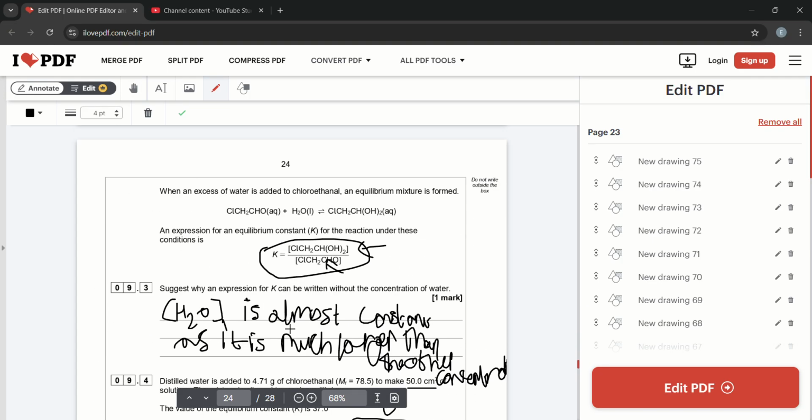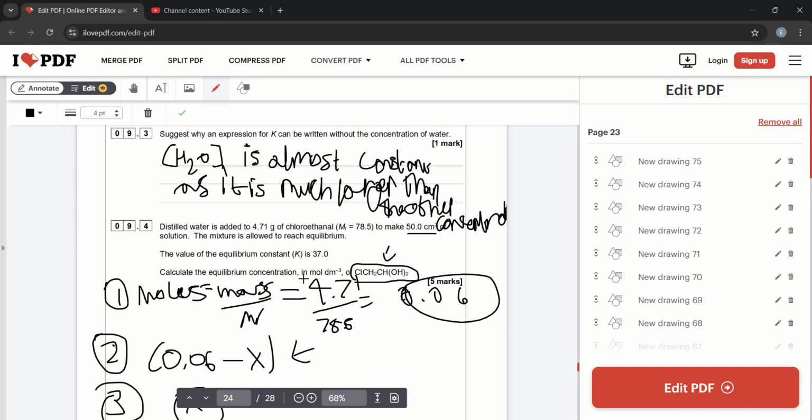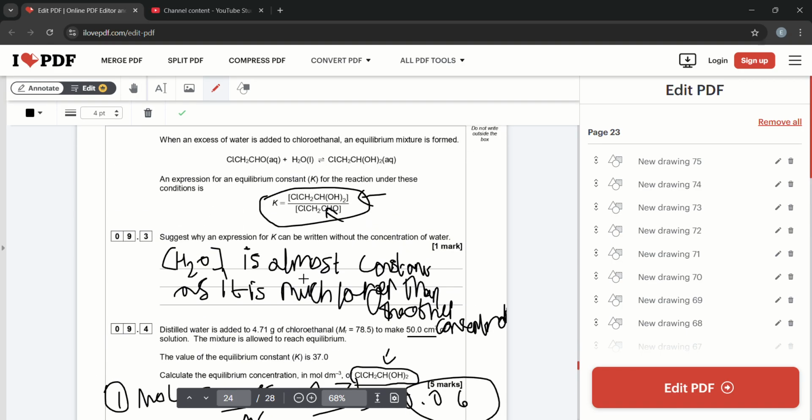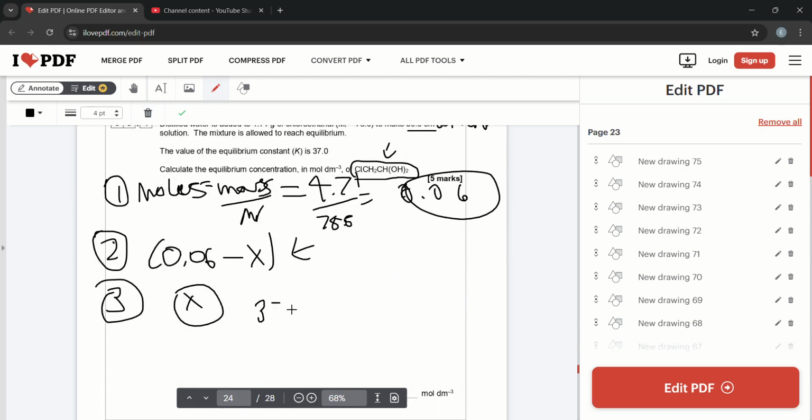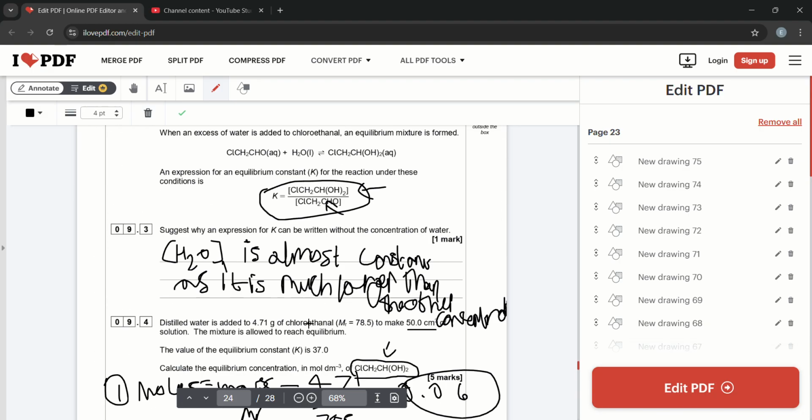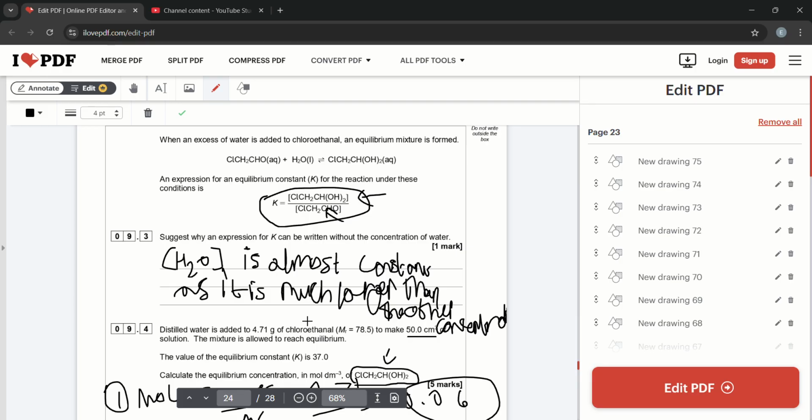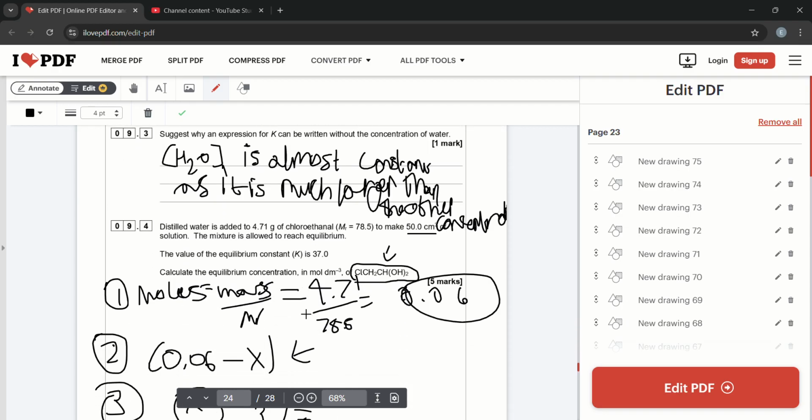Now let's try to put this in the equation. We know the value of the equilibrium constant K is 37, so we can write 37 is equal to the concentration.